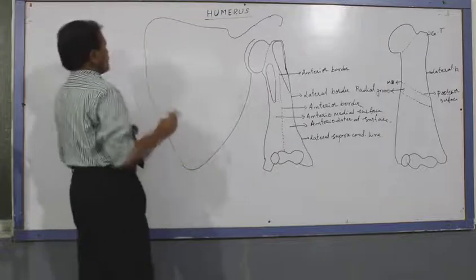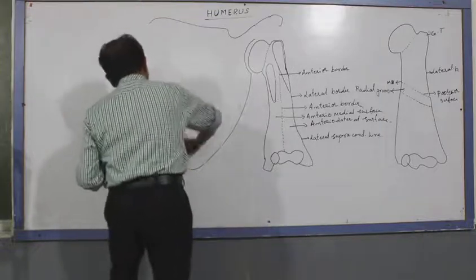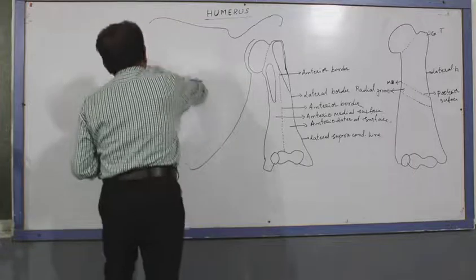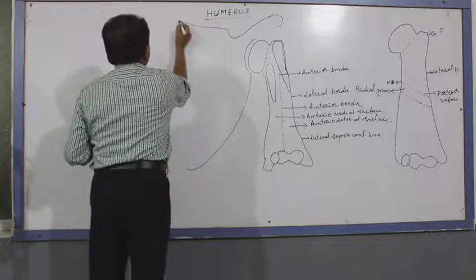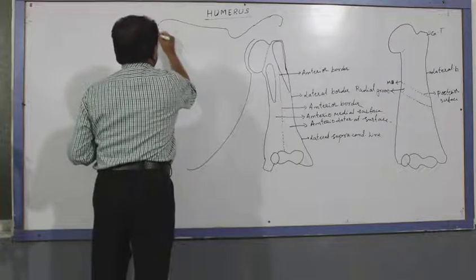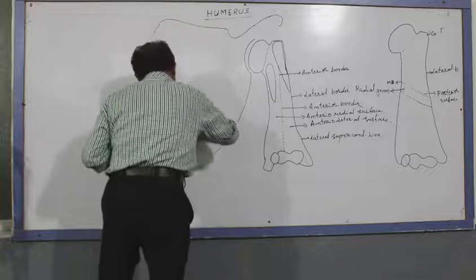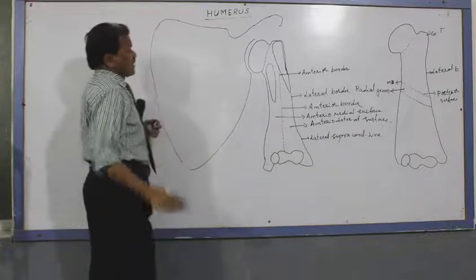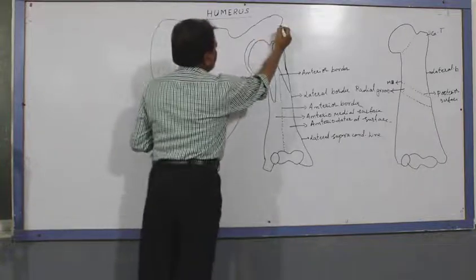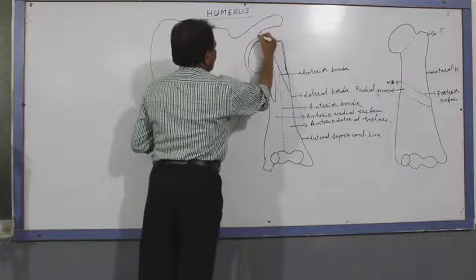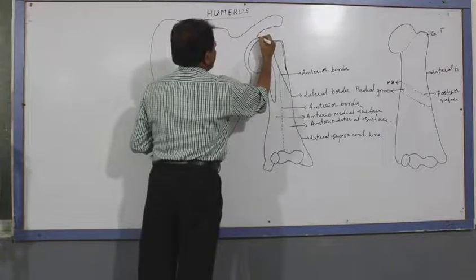It is a scapula, and this one is a coracoid process.